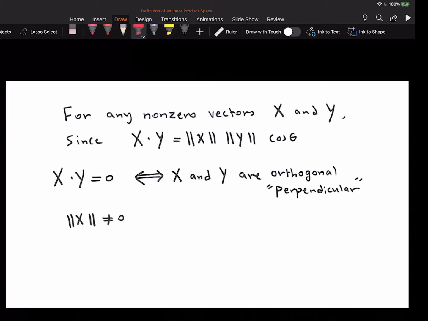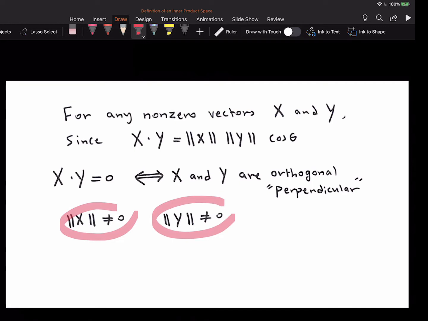Let's see why. Well, of course, x cannot equal 0, because we just said for any non-zero vectors x and y. Also, y cannot equal 0, so they are both not equal to 0.